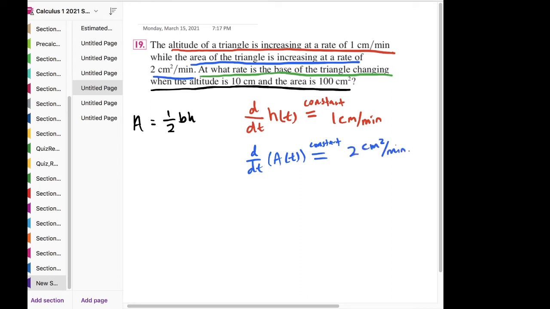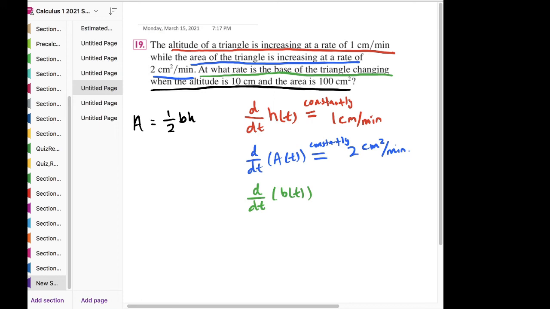And how about the third one? Is this constant? Yeah, we don't know, right?